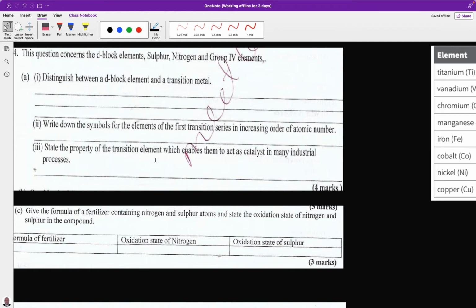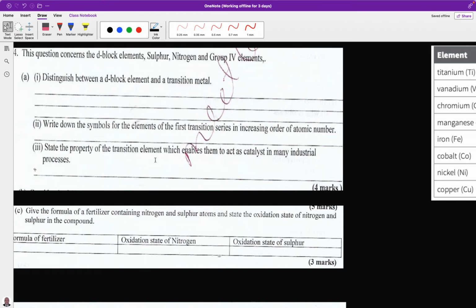You should know that a catalyst in a chemical or industrial process has the major role of lowering the activation energy of a chemical reaction. In any chemical setting, the main role of a catalyst is to lower the activation energy.